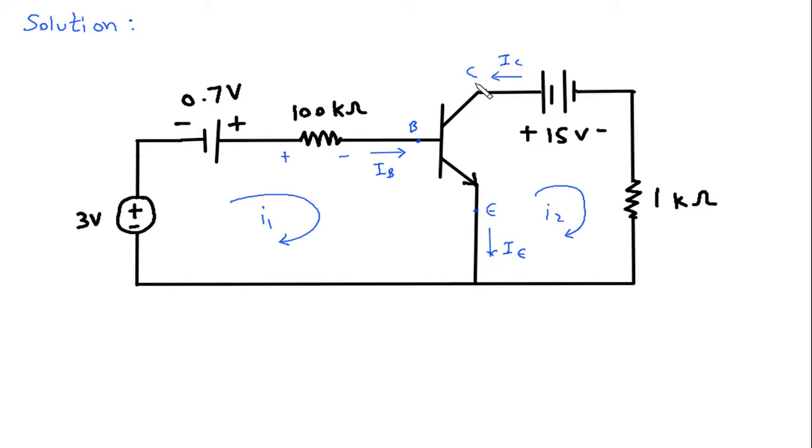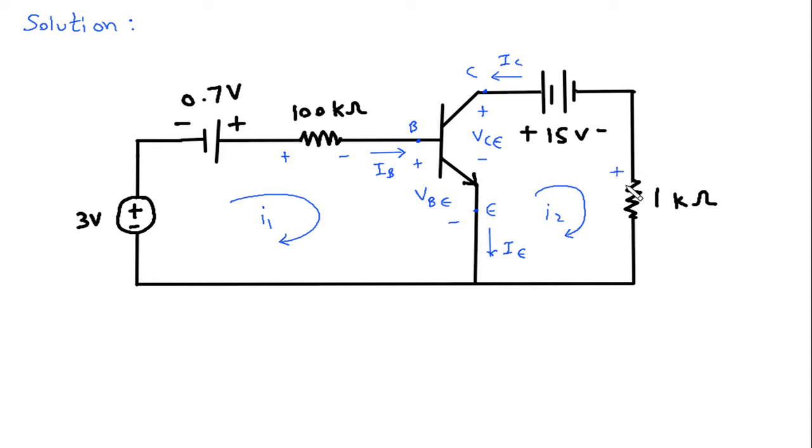And voltage between C and E will be VCE. Voltage between base and emitter will be VBE. This will be positive, this will be negative.